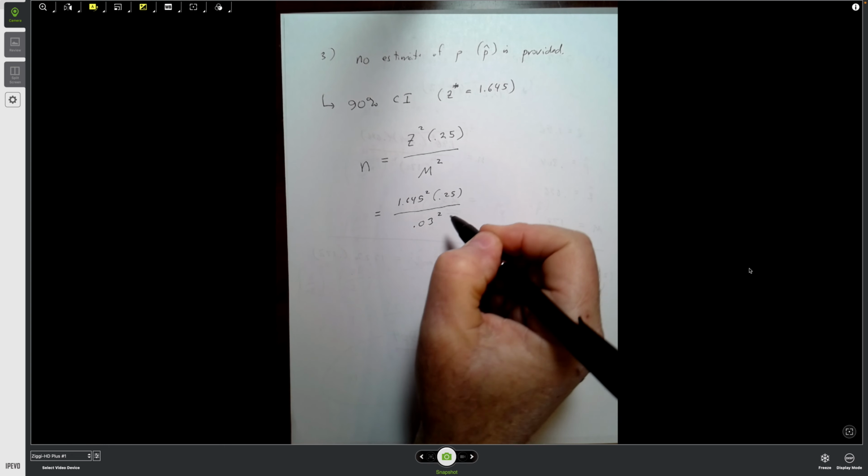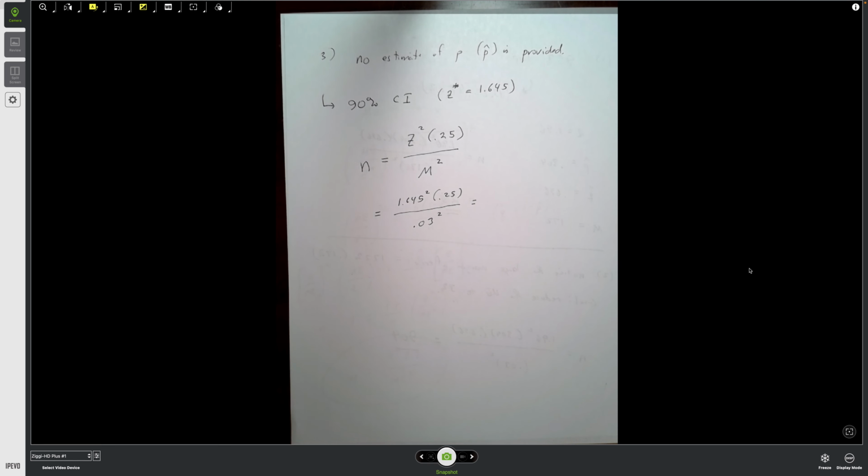So let's just say that we want plus or minus 0.03 for the margin of error. So we're going to have 1.645 squared times the 0.25 divided by the 0.03 squared.